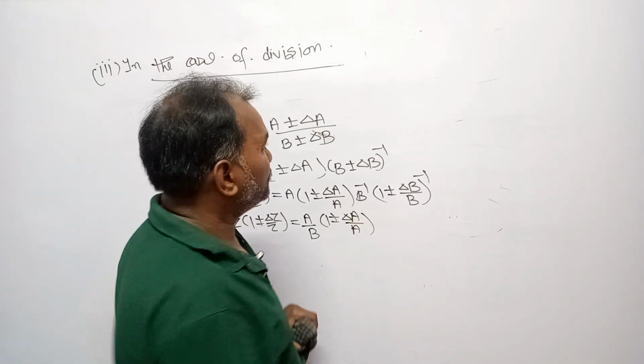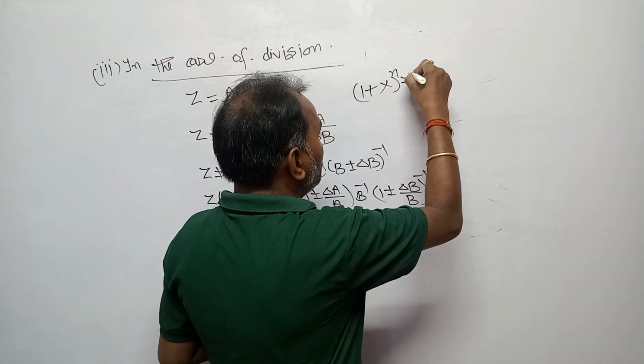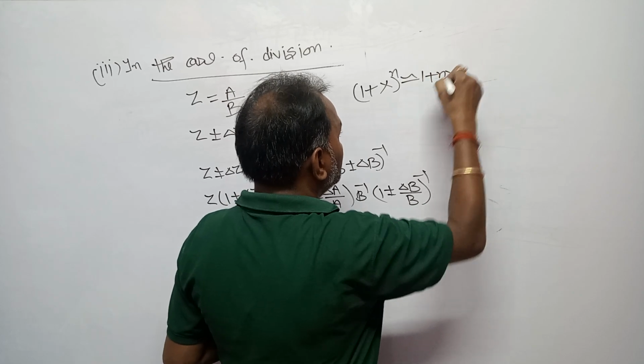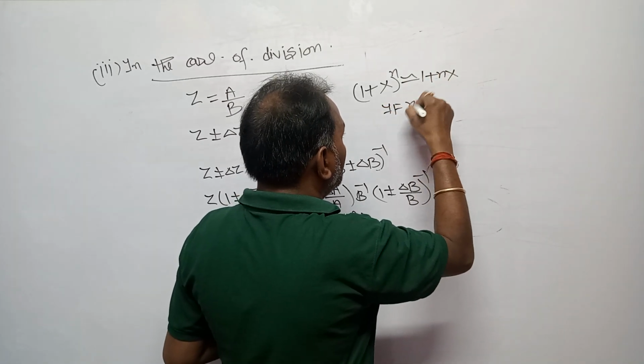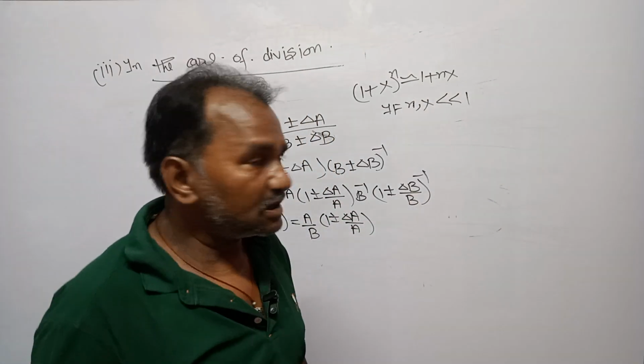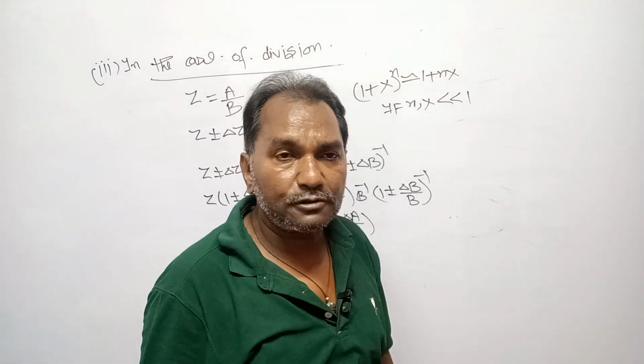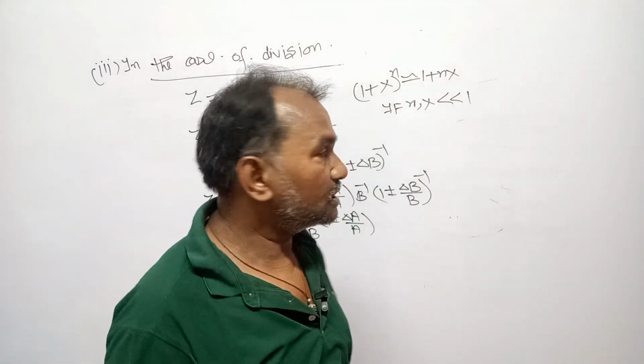Actually, there is a formula in maths, (1 + x)^n is approximately equal to 1 + nx if x is less than 1. This is said to be the binomial approximation or binomial first order expansion.